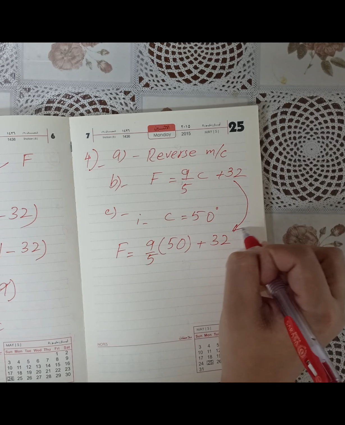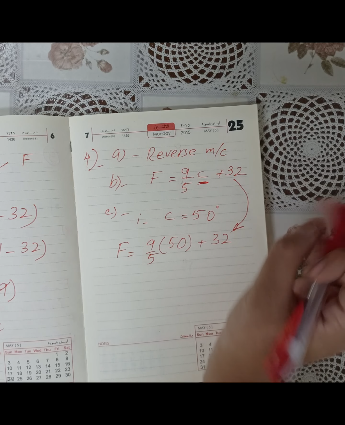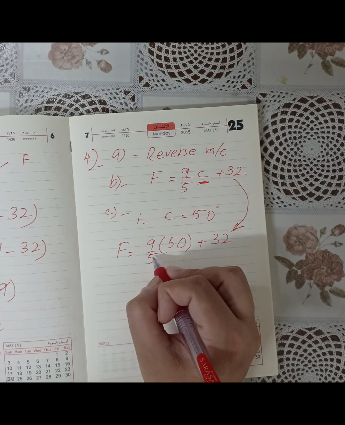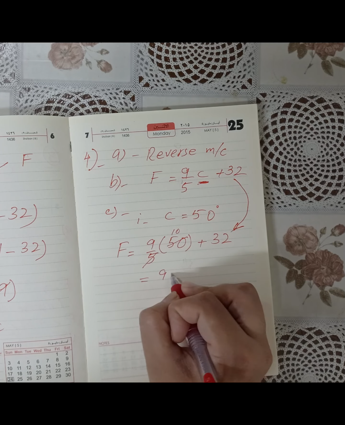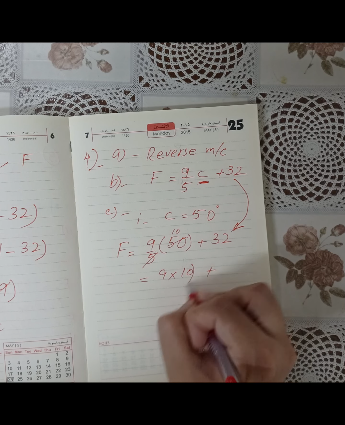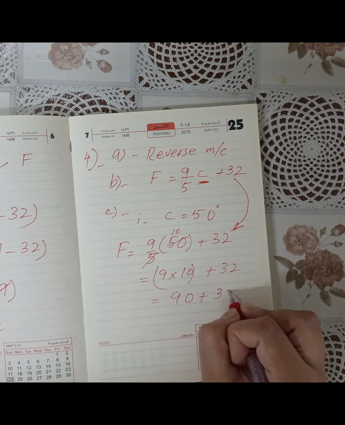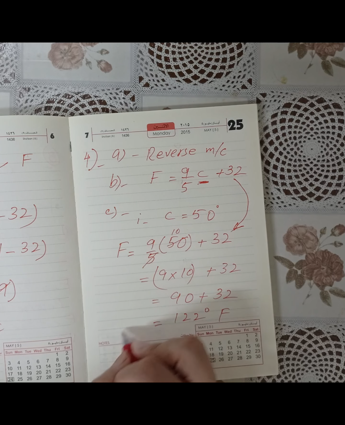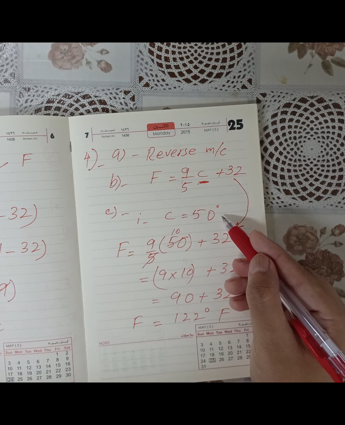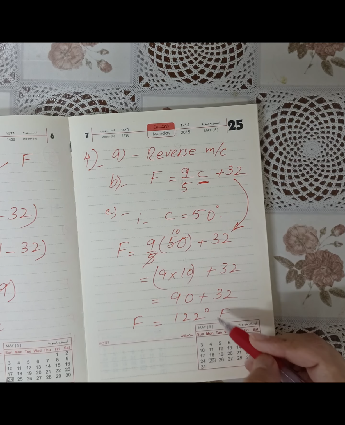I'm just substituting the value of C. Then I know I can cancel it. 5 ones are 5 and 5 tens are 50. So I will get 9 multiplied with 10 plus 32. So this is 90 plus 32, that is 122 degrees Fahrenheit. So if I have 50 degrees Celsius, then I will get the Fahrenheit value as 122.